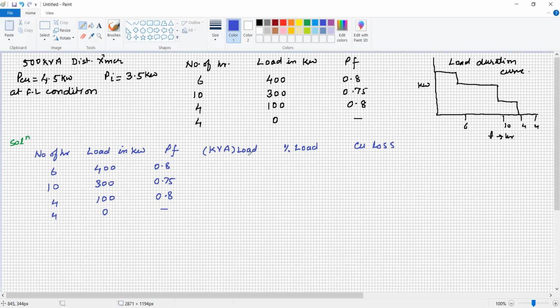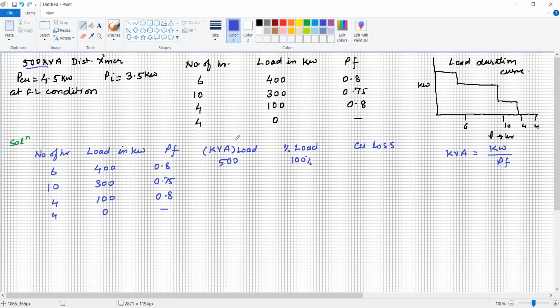KVA is equal to kilowatt divided by power factor. Here it is 400 divided by 0.8, so it is 500 kVA. The capacity of the transformer is 500 kVA and the load is also 500 kVA, so the percentage load is 100%.